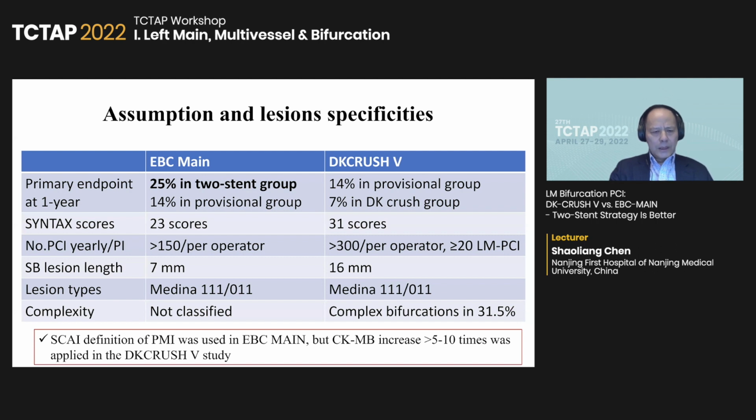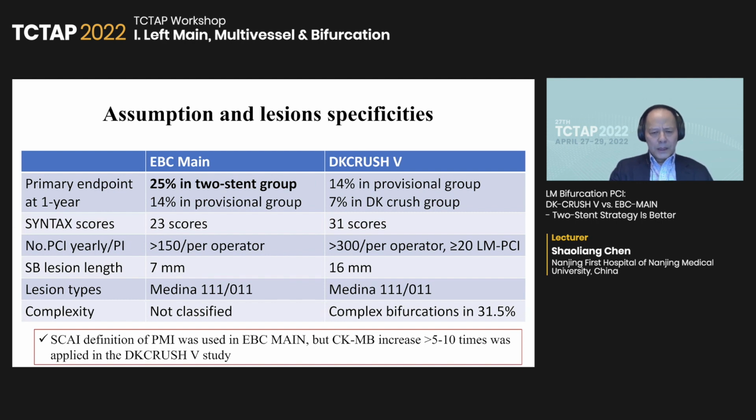Finally, the average SYNTAX score was 23 in EBC main compared to 31 in DK-5. Even though we stressed the requirement of a yearly PCI number greater than 300 in our DK-5 study, all the operators had a higher number of PCIs using the provisional stenting technique. As David said, the average side branch lesion length was 6 mm in DK-5 and 7 mm in EBC main.